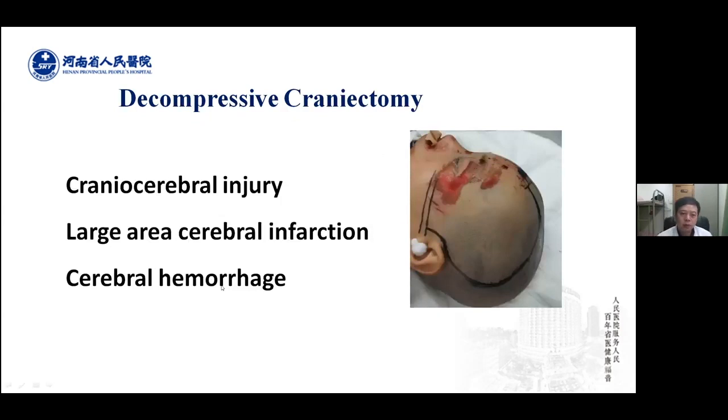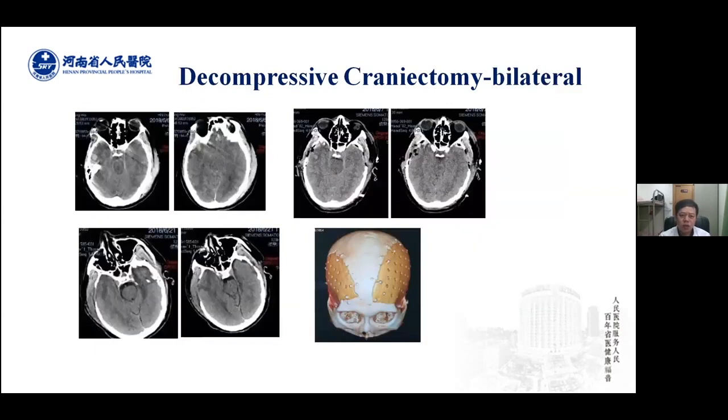As we know, decompressive craniectomy is very important in traumatic head injury. It is used for cranial injury, large areas of cerebral infarction, and cerebral hemorrhage. Sometimes we must do the decompressive craniectomy bilaterally.